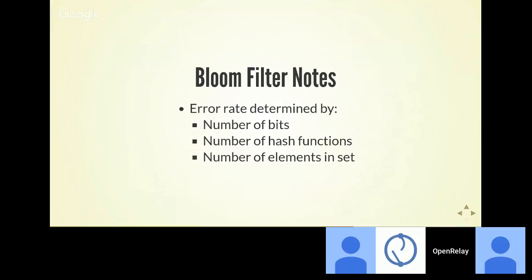And you can basically pick your error rate. So if you say 95% accuracy is okay, then you can have a number of bits and a number of hash functions that is fairly small. If you say, no, I need 99.9999% accuracy, then your number of bits and your number of hash functions is going to have to go way up.